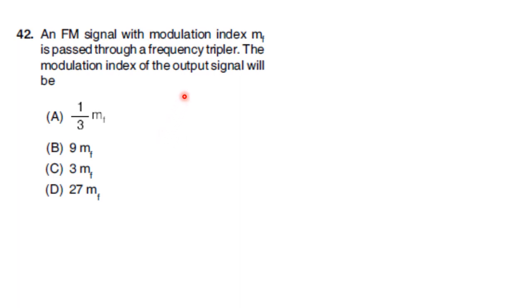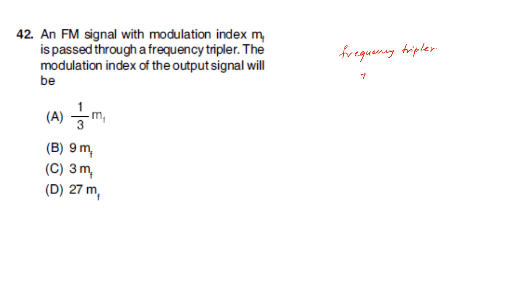A FM signal with modulation index mf is passed through a frequency tripler. The modulation index of the output signal will be. Here it is given that it is a frequency tripler. That means it triples the input.